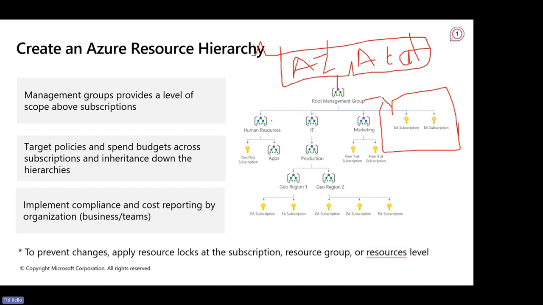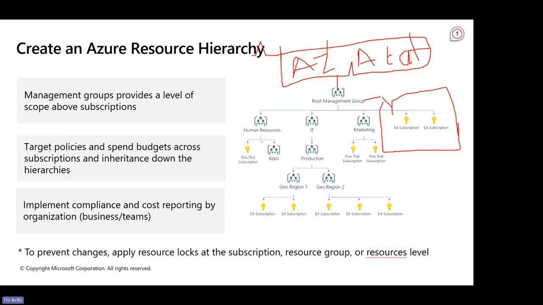So here, the marketing team will be the owner to manage this management group. And they can only see and manage this trial subscription. They created trial subscription by themselves to try out things, right?